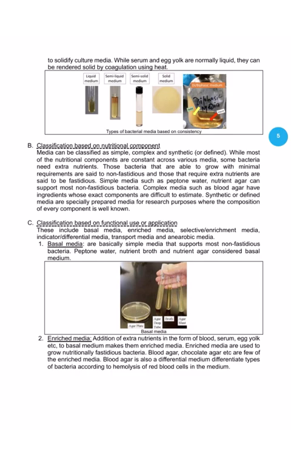For the complex medium, we usually add extra components like blood. We add blood and we call it blood agar, usually in the form of a solid medium. This is because the blood contains all the required nutrients that might be needed by all types of bacteria.